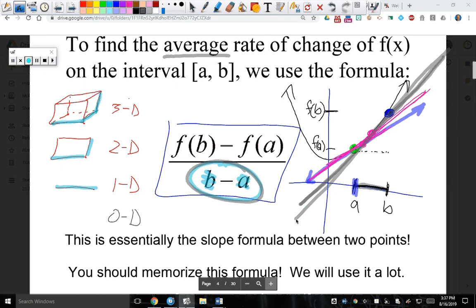Do you agree? Now, will it ever actually hit the blue slope? No. Why not? Because it's an instant, and you would be dividing by what if you hit the blue? By 0. Can you divide by 0? No. But what did we learn today? That we can get infinitely close. A limit.